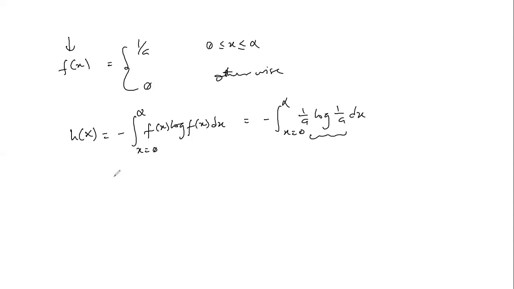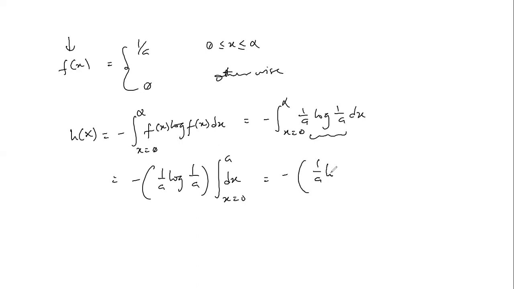Then this is going to give us negative 1 over a log 1 over a, integral dx, x equal to 0 to alpha. And this is going to give us negative 1 over a log 1 over a times x, for x from 0 to alpha.